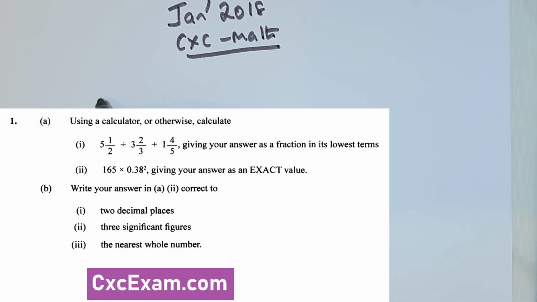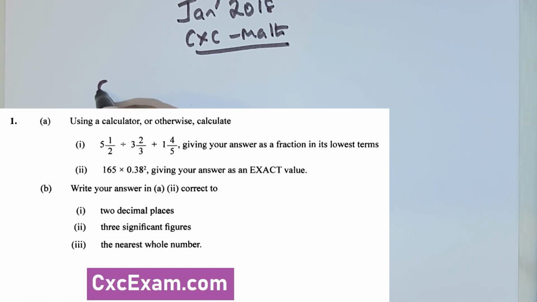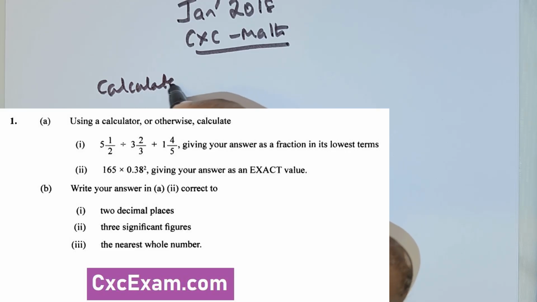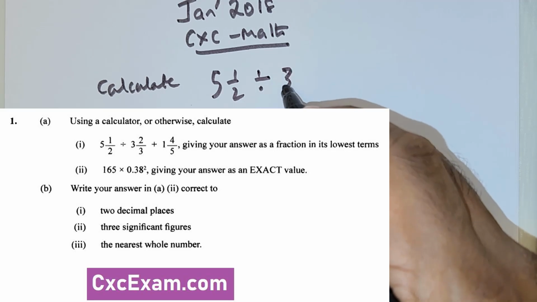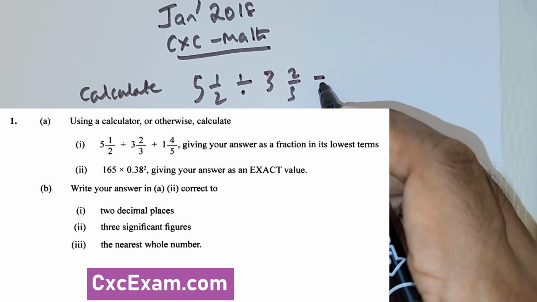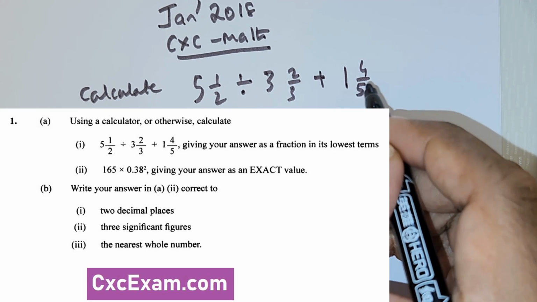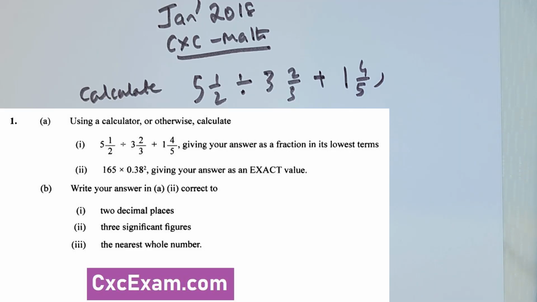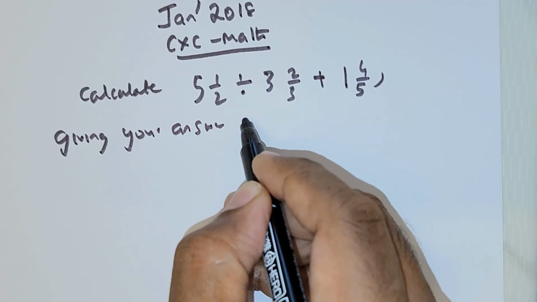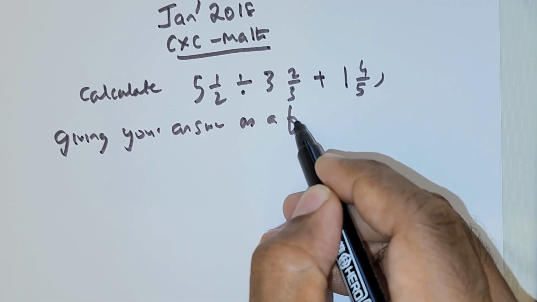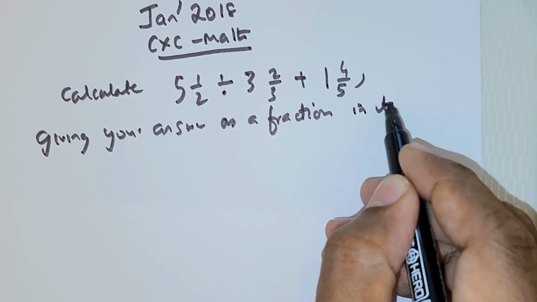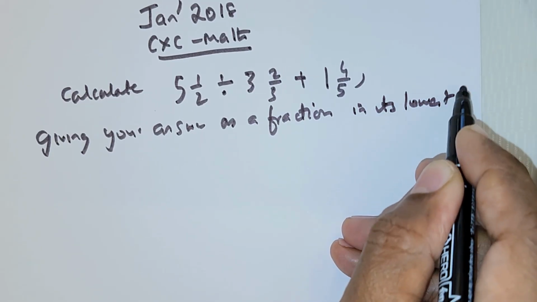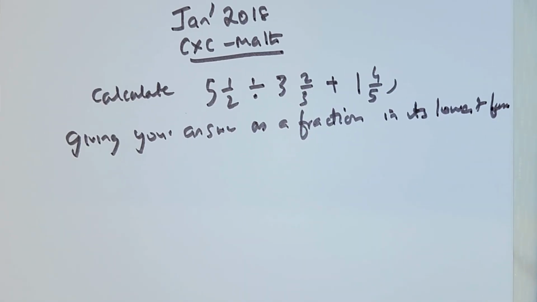The first question is we are asked to calculate 5 1/2 divided by 3 2/3 plus 1 4/5, giving your answer as a fraction in its lowest form.